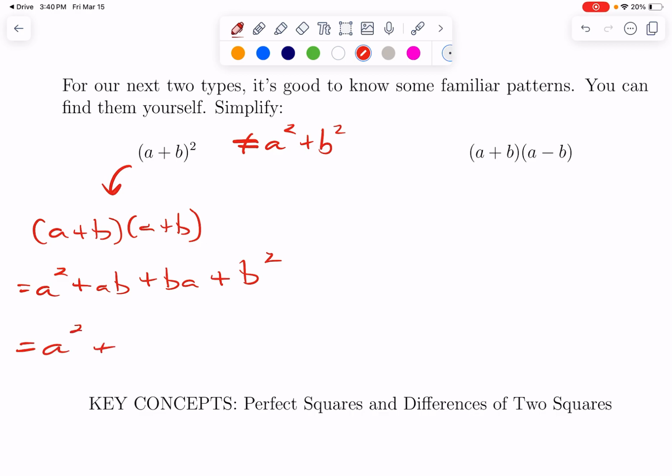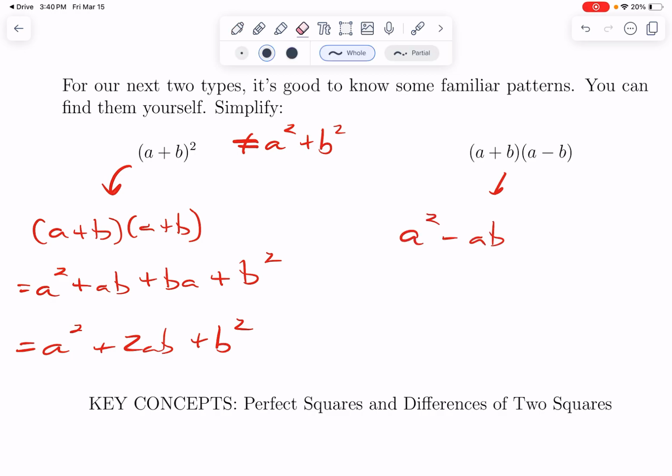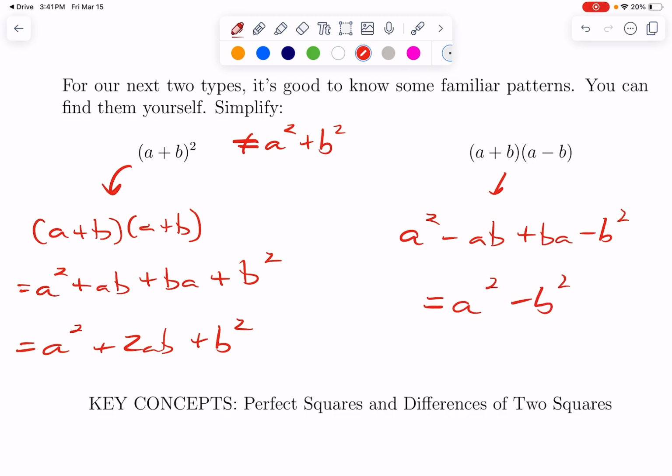And we'll notice those 2 middle terms are actually the same thing. Over here, if we FOIL it out, we have a squared minus ab plus ba minus b squared. And in this case, we notice the middle terms cancel. These are patterns worth remembering, especially if we're going backwards.